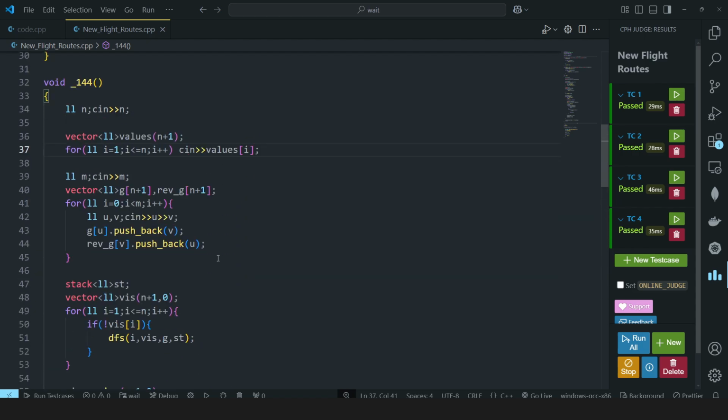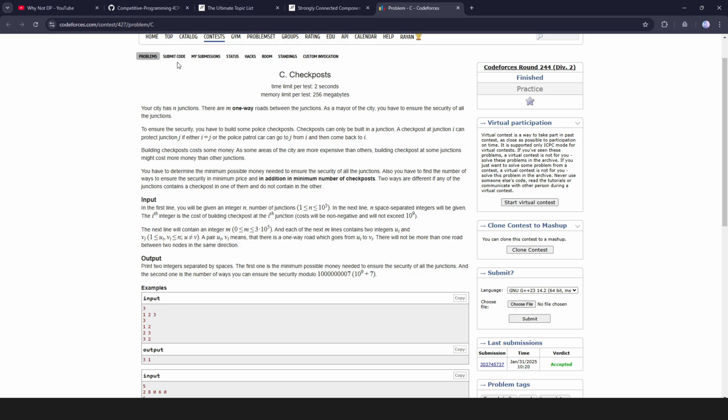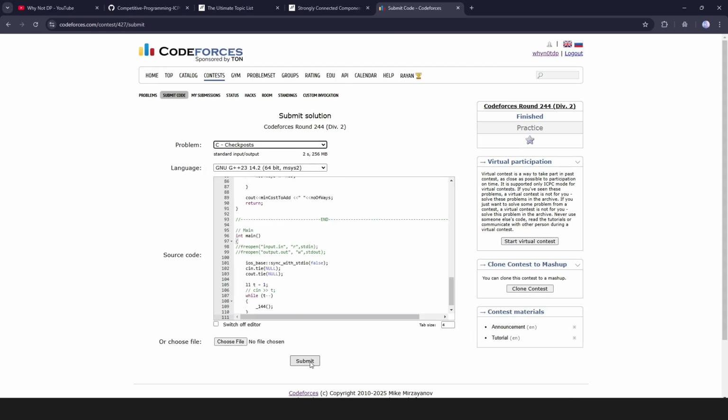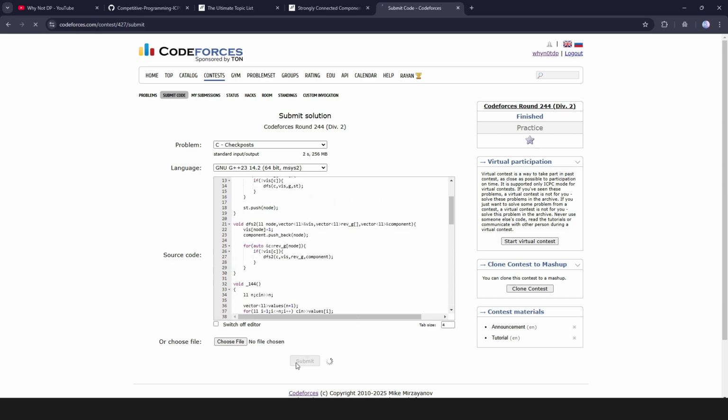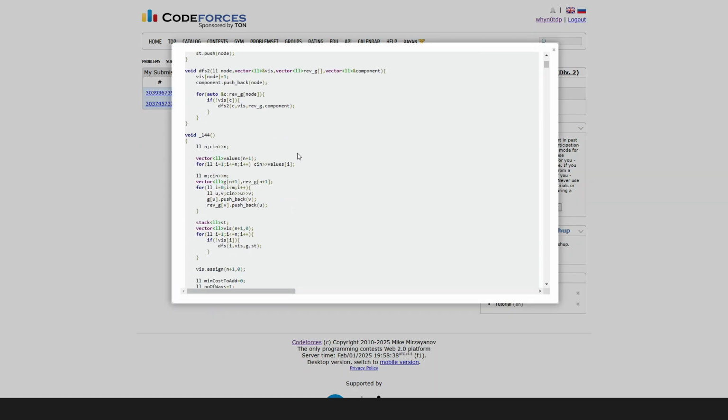Now if I try to submit the same code on Codeforces, let's see. As you can see, the solution is accepted. So this is the code that we just wrote.